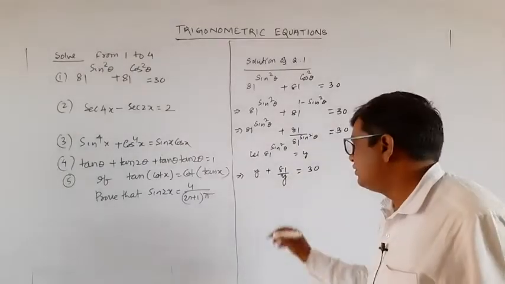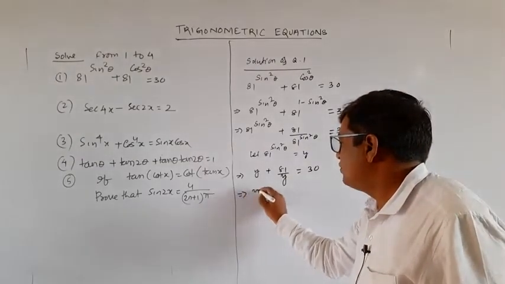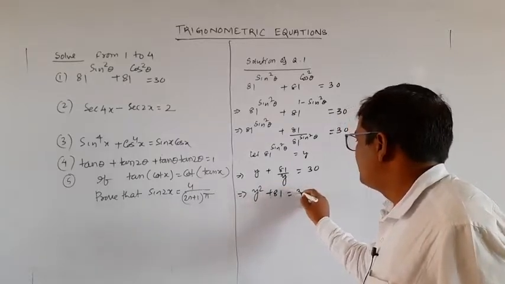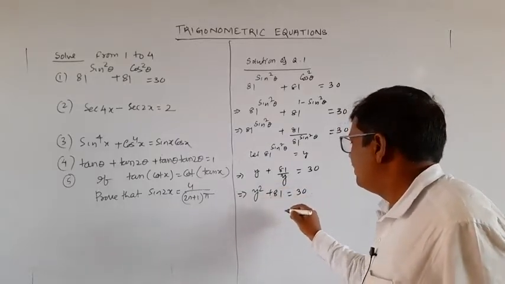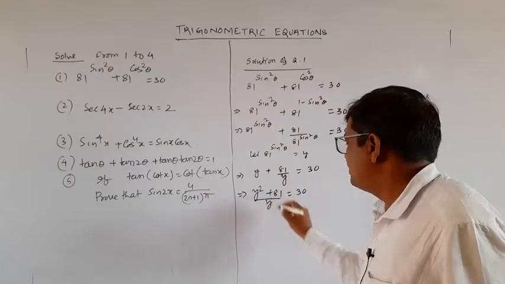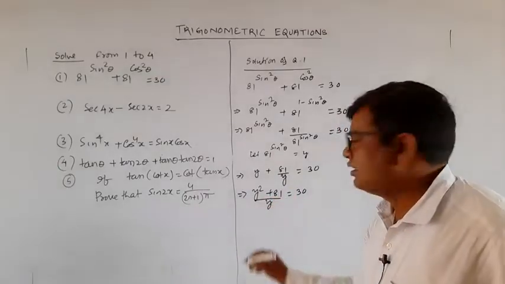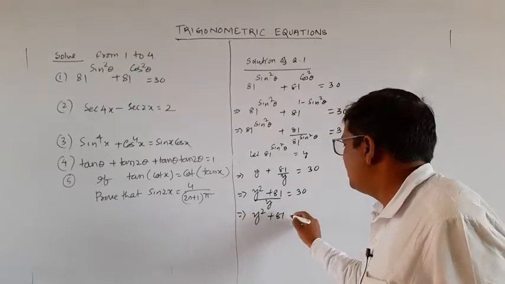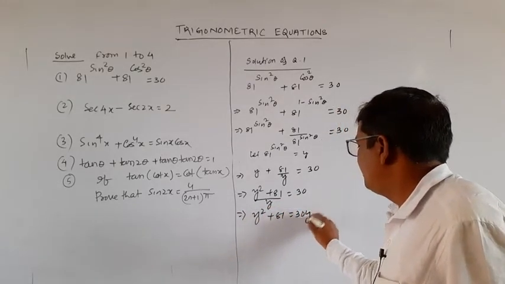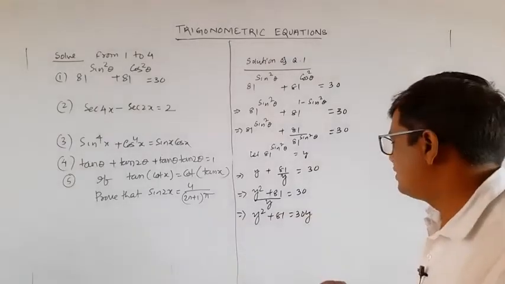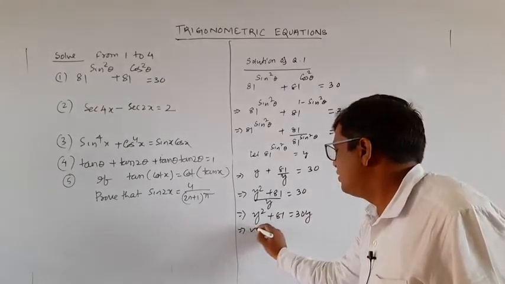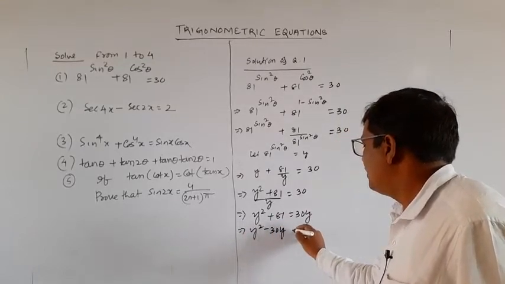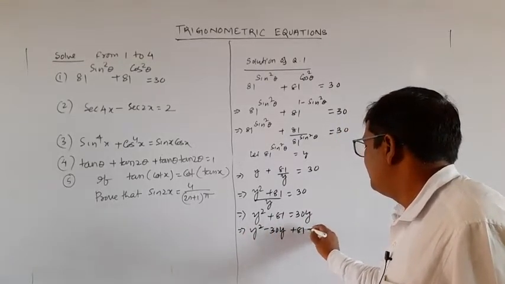That implies y square plus 81 is equal to 30y, that is y square minus 30y plus 81 is equal to 0.